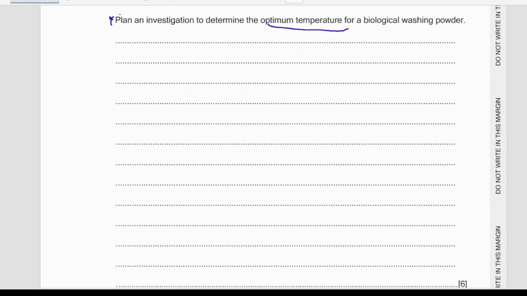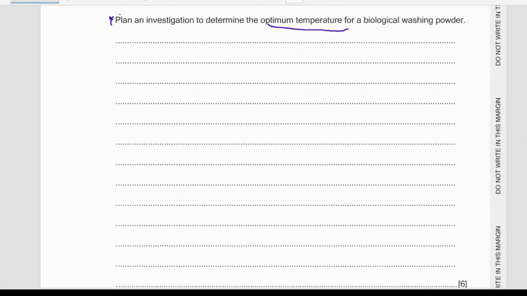So how would you plan? Now you are investigating the temperature, so your temperature would be your independent variable. You would say that at least two to three different temperatures were investigated to check the effect on biological washing powder. Yes, good question.